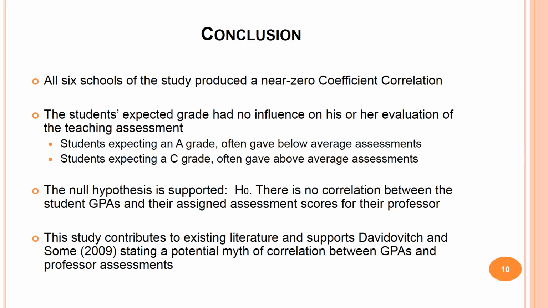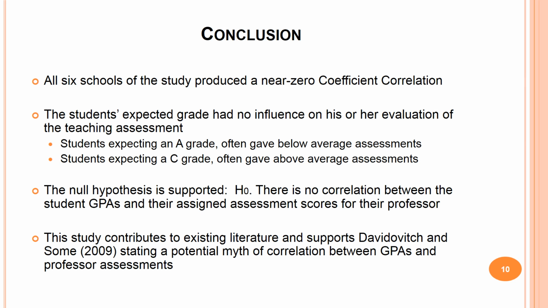All 6 schools produced a near zero coefficient correlation, indicating no statistical significance. The student's expected grade had no influence on his or her evaluation of the instructor's teaching assessment.